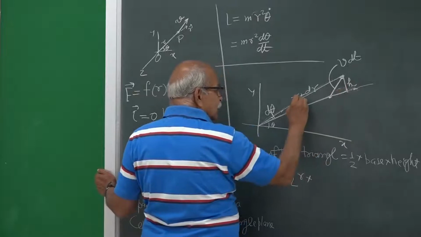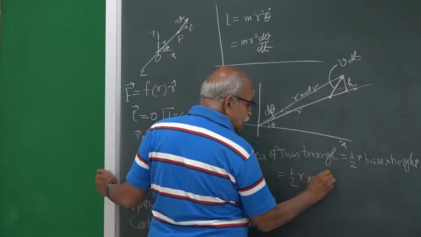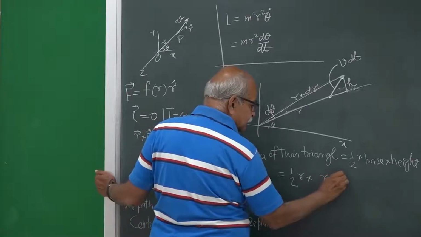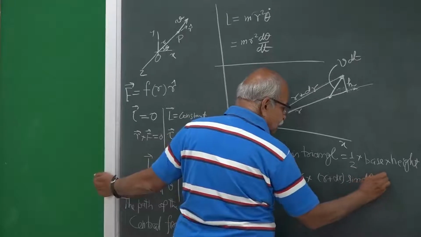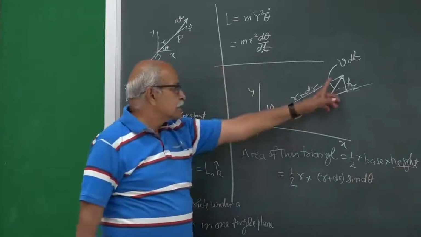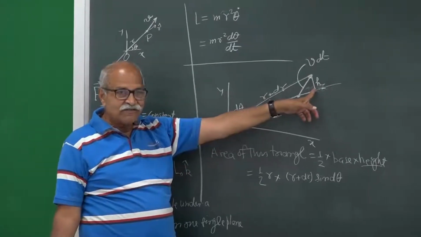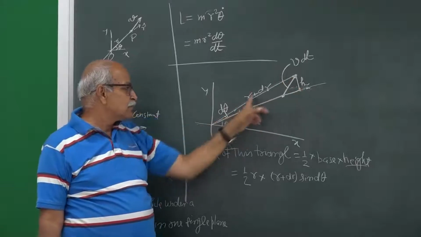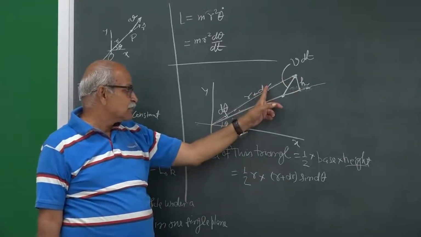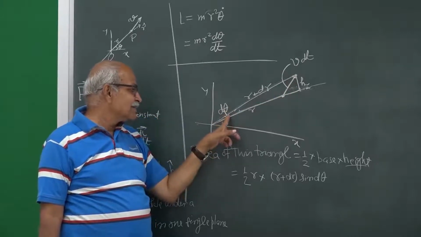this height will be (r plus dr) sine d theta, right. This is the height, and we have dropped the perpendicular to get that height, and this is a right angle triangle. r plus dr is the hypotenuse, and h is the side opposite to angle d theta.